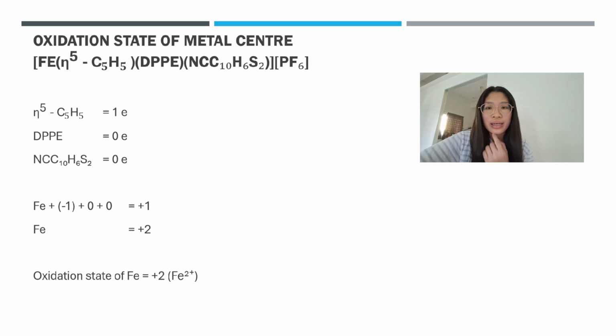The whole cation complex has a +1 charge, and for the ligands, cyclopentadienyl has 1 electron, and DPPE and the nitrile ligand are neutral ligands, so 0 electrons. Applying this into the equation, we get iron equal to +2. So the oxidation state of iron is iron(II).